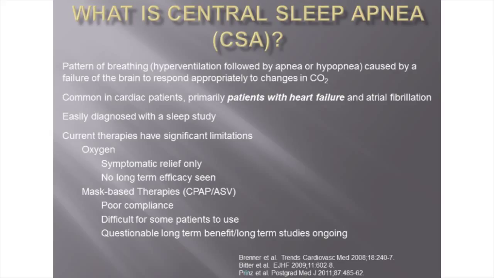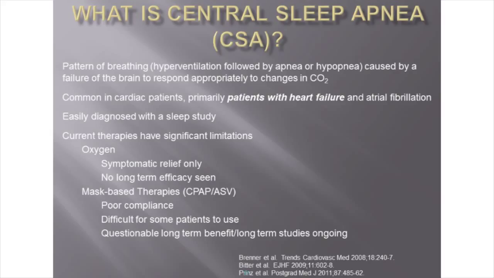The way I explain it to my patients, and I know it is a very simplistic explanation, I tell them that because of their heart failure, they have an activated sympathetic nervous system. This, unbeknownst to them, while they are sleeping, causes periods of hyperventilation.